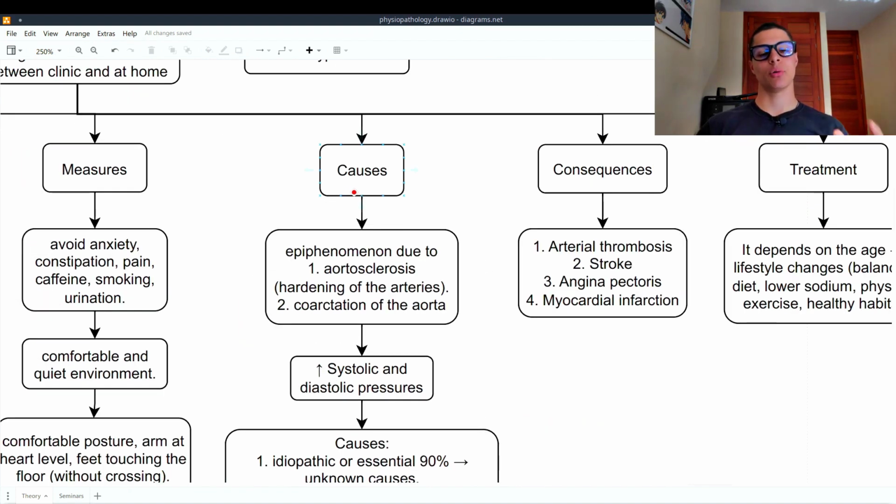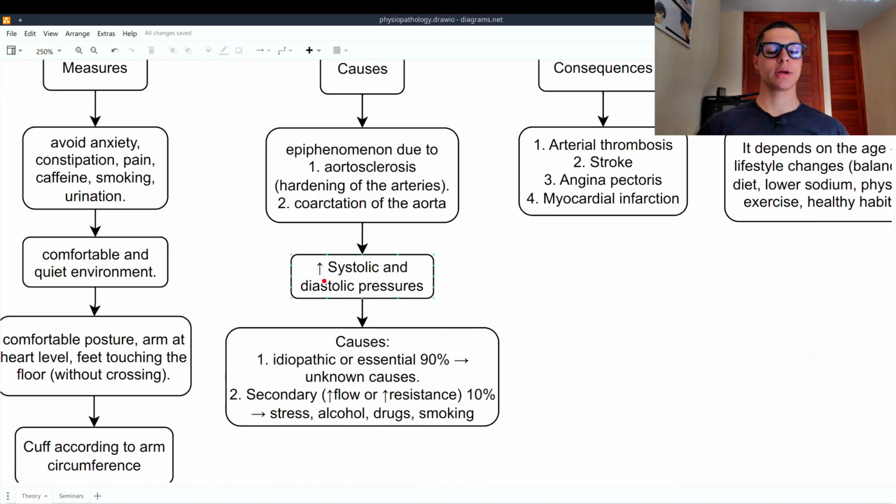High blood pressure causes. Well, this is an epiphenomenon, which means that it's also correlated with other diseases, and it has to do with atherosclerosis, which is the hardening of the arteries, but also via the coarctation of the aorta. This will increase the systolic and diastolic pressures.